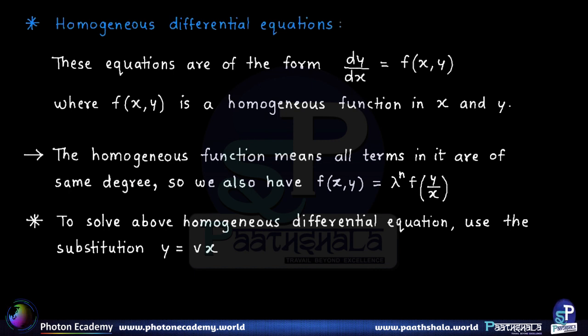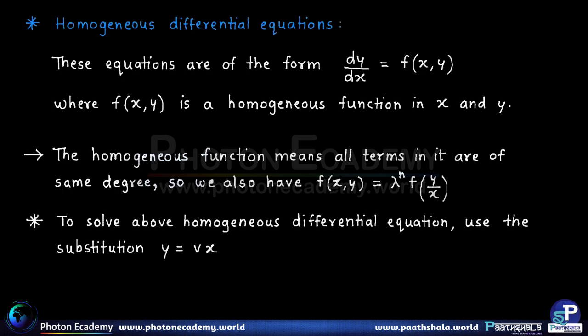So in other words, we can also write the expression of the function as, say, f of x and y equal to lambda raised to n into f of y by x, where lambda here is some arbitrary constant and that exponent n is called the degree of that homogeneous function.